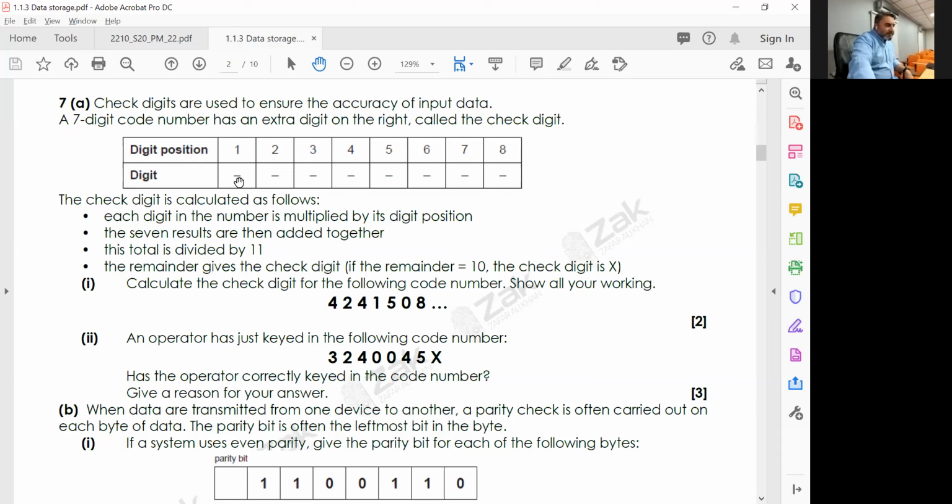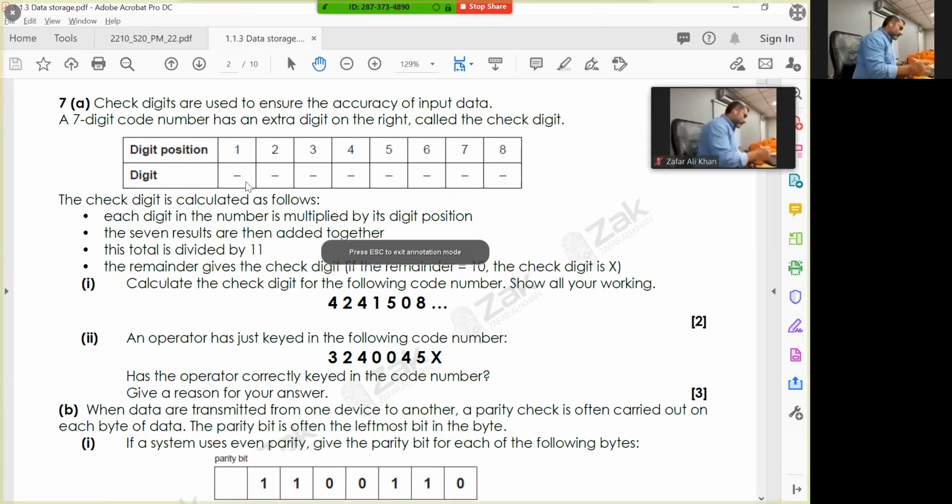So let's say if we are entering 4, 2, 4, 1, and 5.